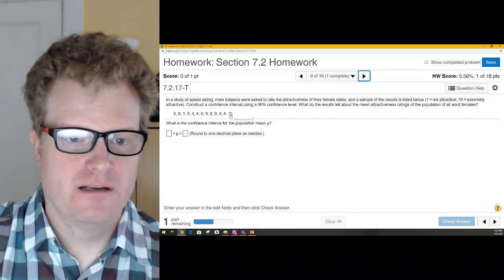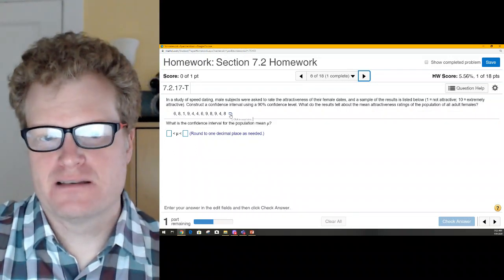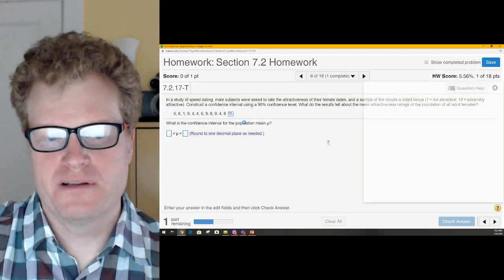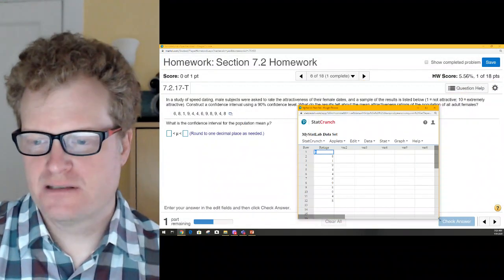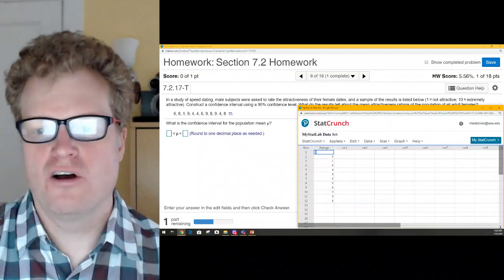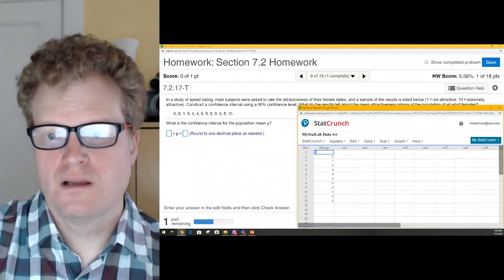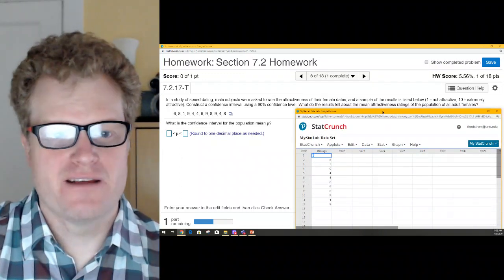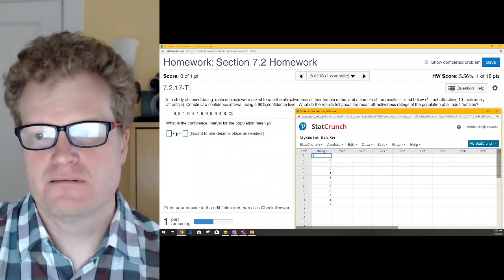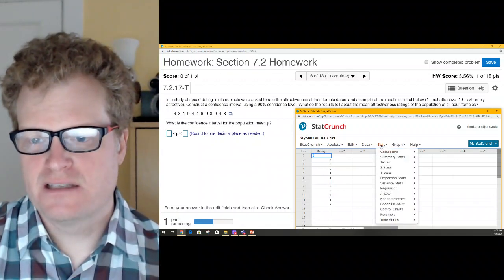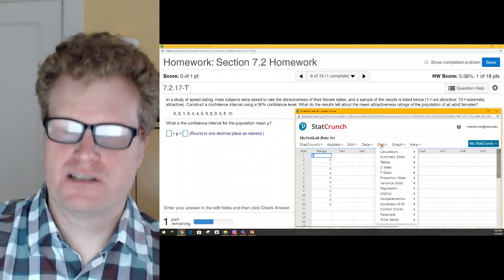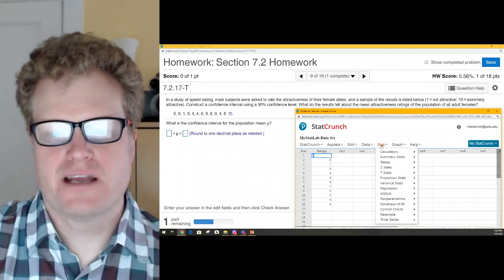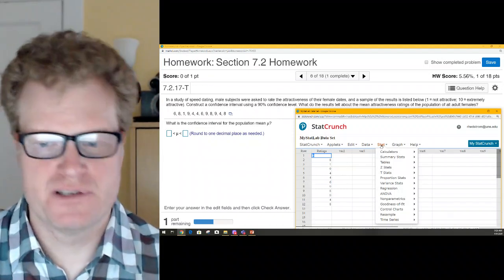All right, so I'm going to click to copy this table, and I'm going to open it up in StatCrunch, which will open with my data already there. Then I want to do a 90% confidence level estimate. The nice thing about StatCrunch is that it will figure out your sample size, sample mean, and sample standard deviation based upon the numbers you give it.